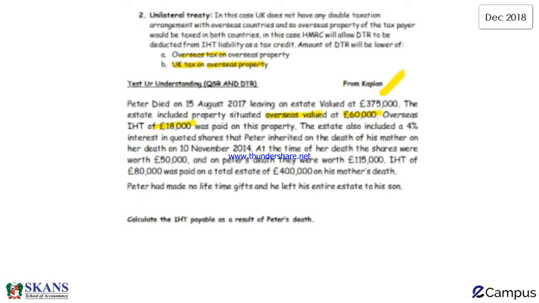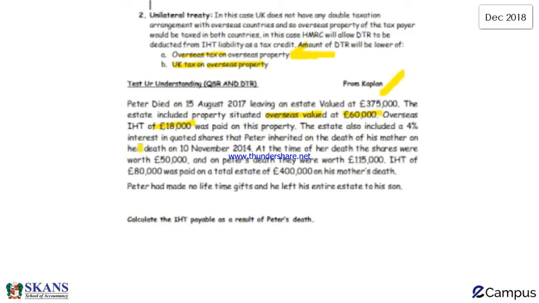Overseas IHT of 18,000 was paid on this property. Overseas tax on overseas property will always be given in your exam, so you just have to pick that value from the paper. The second thing candidates are required to calculate is UK tax on overseas property, and we will look at how to do that shortly.